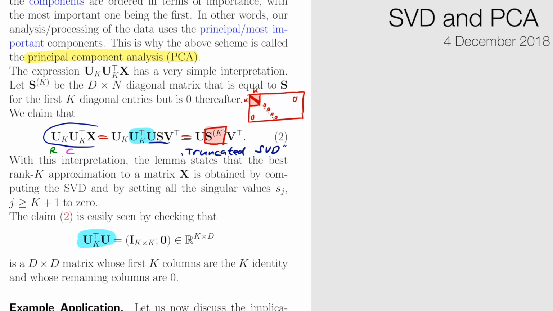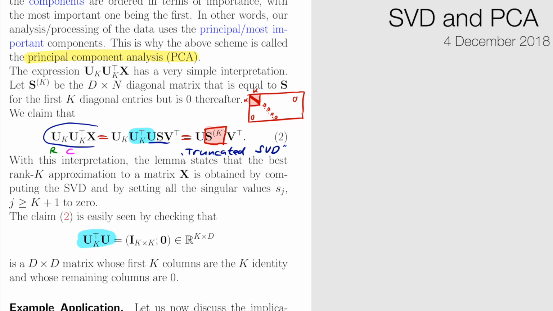Okay, so once this is an identity matrix padded with some zeros on the right, now what we have is that this matrix is multiplied with the yellow stuff, the S, which is also a diagonal matrix. What does it do? It keeps all the S entries from 1 to k, the first k ones, and the other ones it sets to 0, canceling them out.